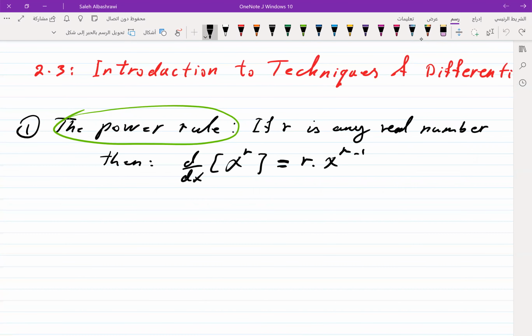Second rule, the constant multiple rule.